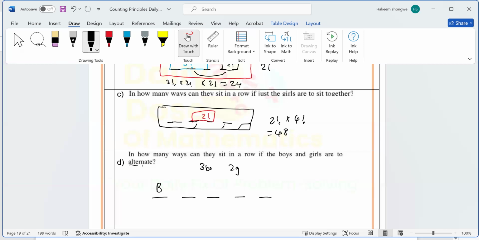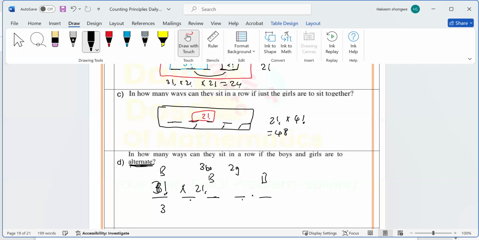So for the boys, it's 3 factorial, times 2 factorial for the girls. If we put the boys, we're going to put a boy here, a boy here, and also a boy here. So it's 3, 2, 1, 3 factorial. For girls, it's 2 and 1.